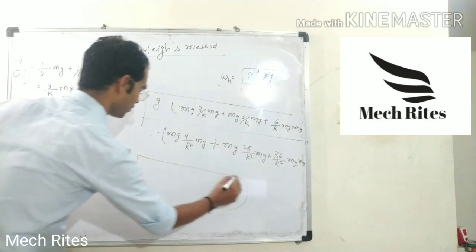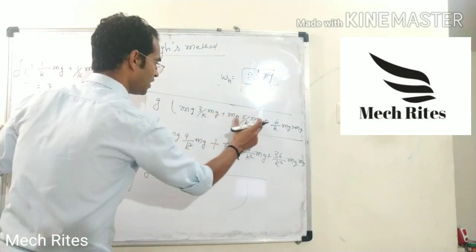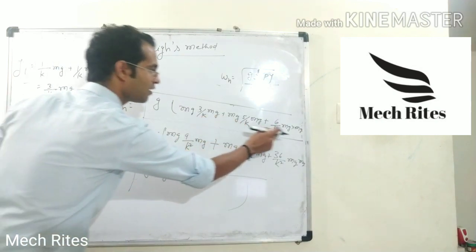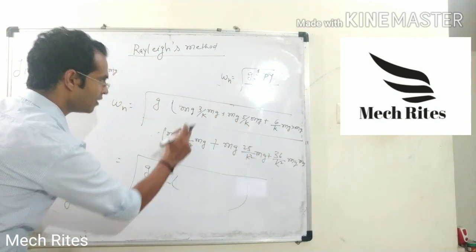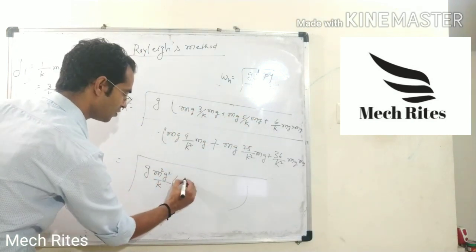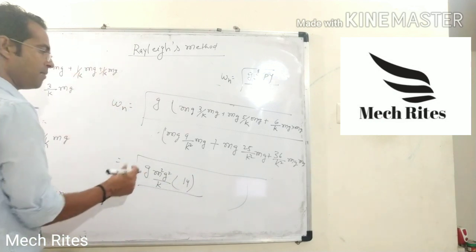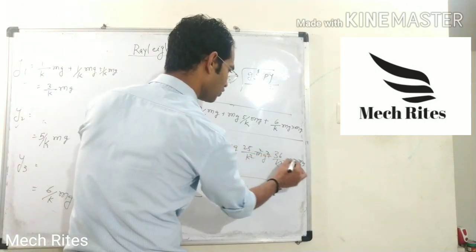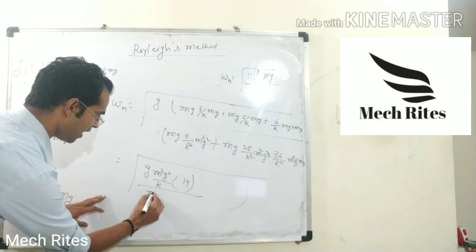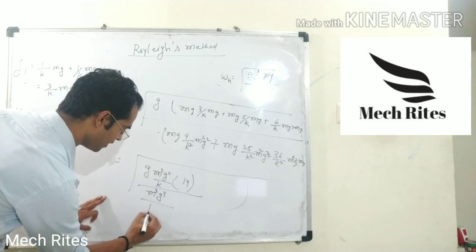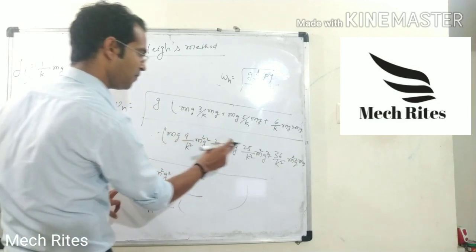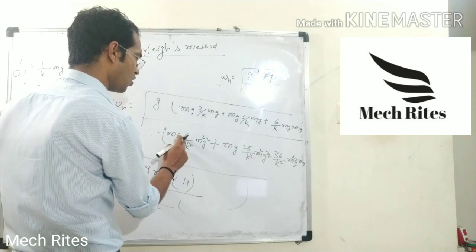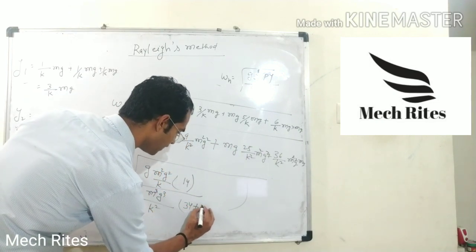So if you see, I am taking g common, mg are everywhere, so m square g square, k is in the denominator, so I am taking it, 3 plus 5 plus 6, that is 14, divided by mg, and it's mg squared, so I will take m cube g cube divided by k square, and 9 plus 25 plus 36, 25 plus 9 is 34, 34 plus 36 is 70.